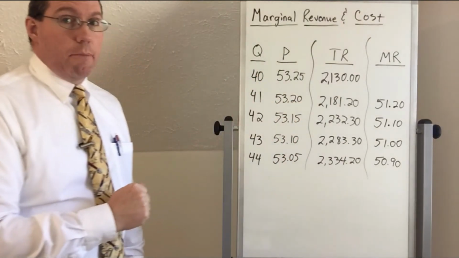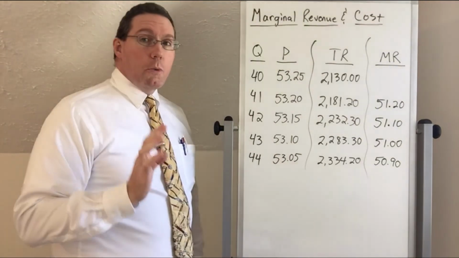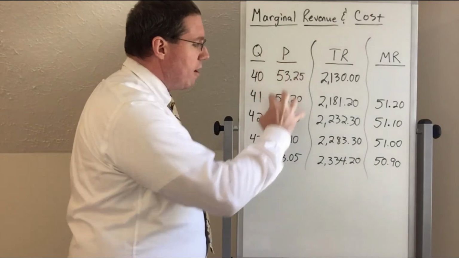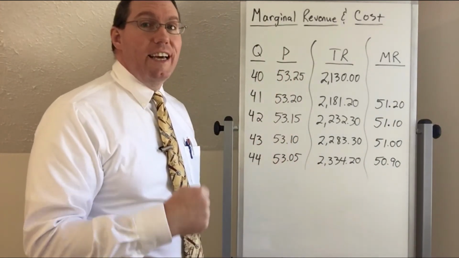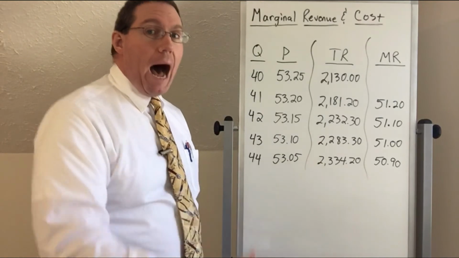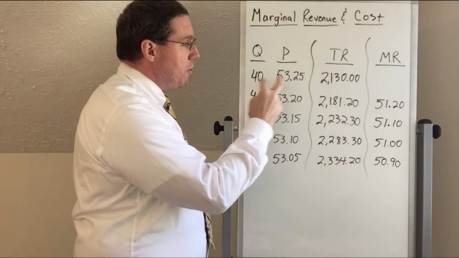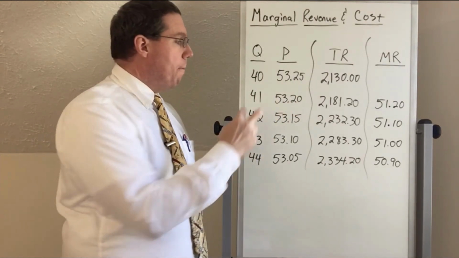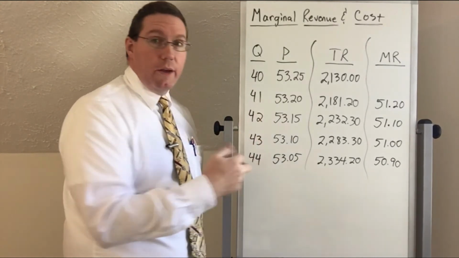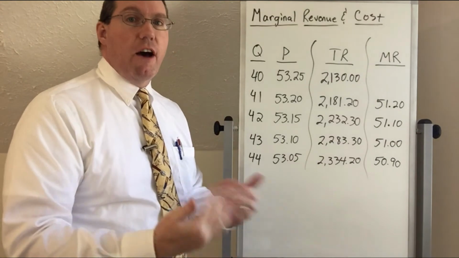You may have noticed that previously when we did the first 3 rows. And I want to remind you that the reason that the price is going down is because we want to try and convince people to buy more of our stuff. So it's fine, we can sell 40 units at $53.25. But if we want to sell more, if we want to increase the quantity we sell, there are some people out there that we have to convince to come in and buy.